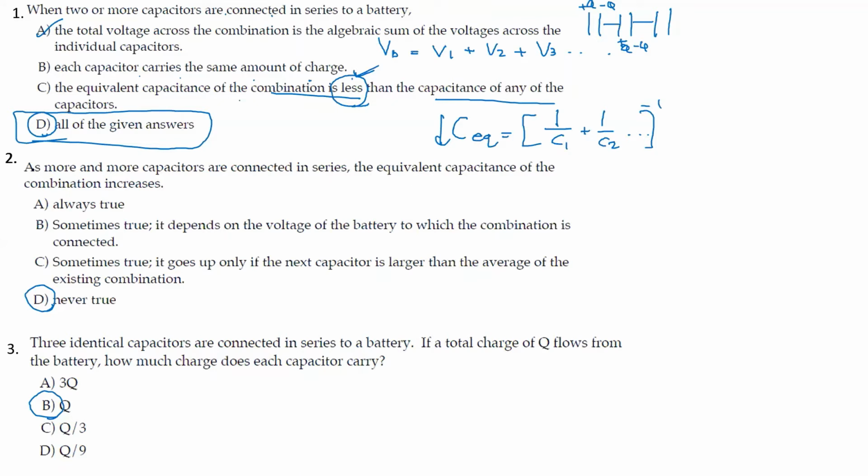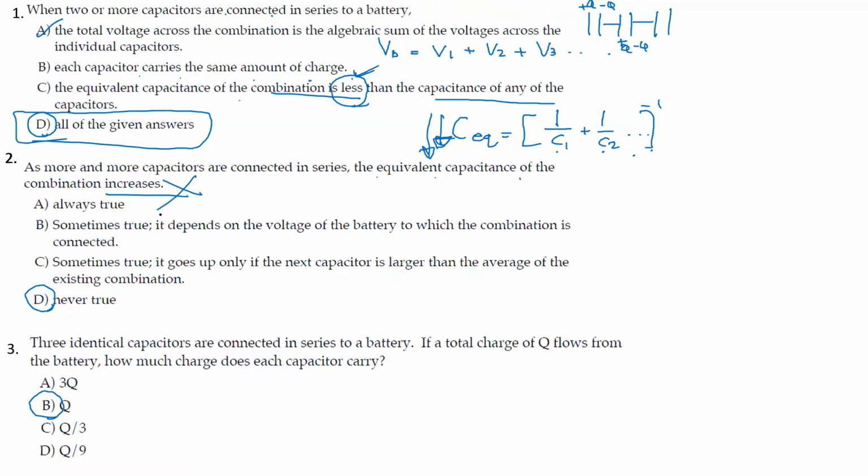Second question: as more and more capacitors are connected in series, as we know, when we connect more and more capacitors, the equivalent capacitance drops, right? It always decreases. What they're saying is the equivalent capacitance increases. Wrong, right?